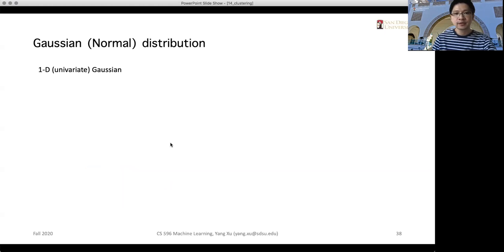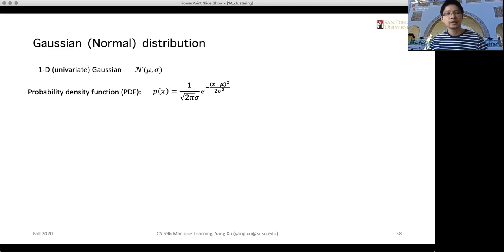We look at the one-dimensional, also called the univariate Gaussian model. In mathematics, we can represent this one-dimensional Gaussian with the capital letter N, for normal, with the Greek letters mu and sigma.